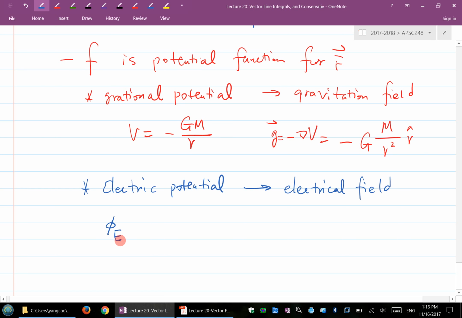For example, if you have a point charge Q, positive or negative, it doesn't matter, this point charge will create an electrical field.